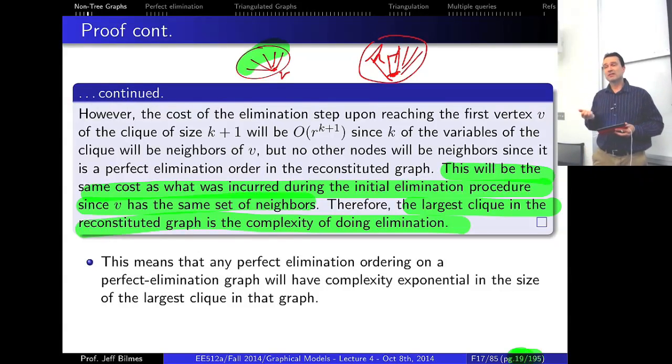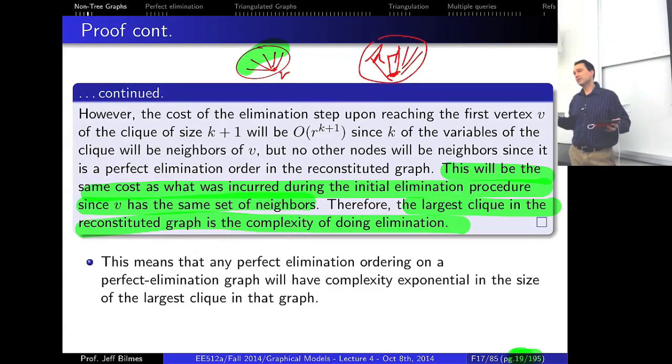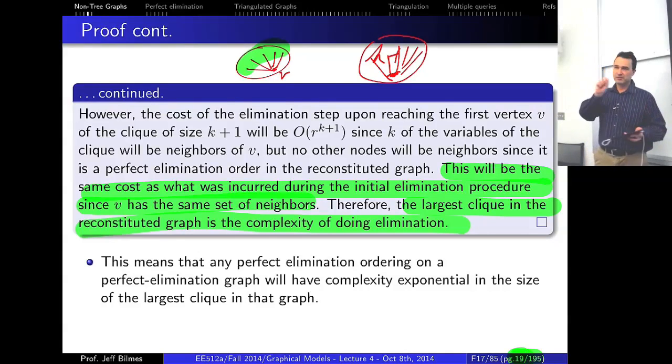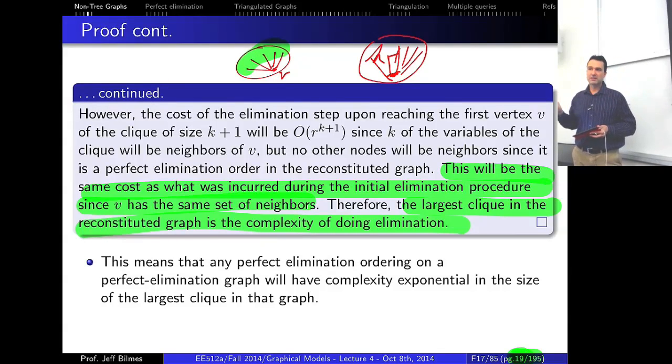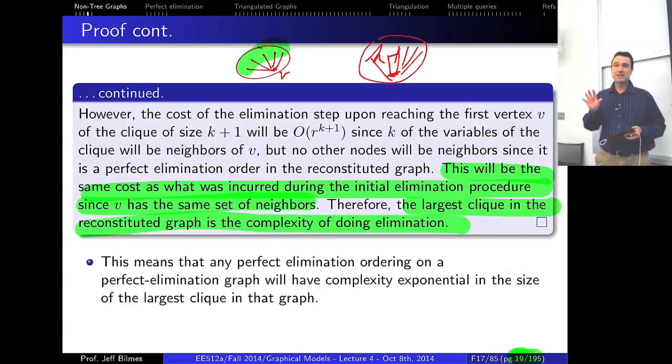But asymptotically speaking, as k grows, even if the variables are binary, at some point you're going to have exponential growth in the clique size, whereas only polynomial growth in the random variable domain size. So from an asymptotic complexity theoretic perspective, we're really interested in the exponent, and the size of the cliques is the value of the exponent. And so we're focusing on that.